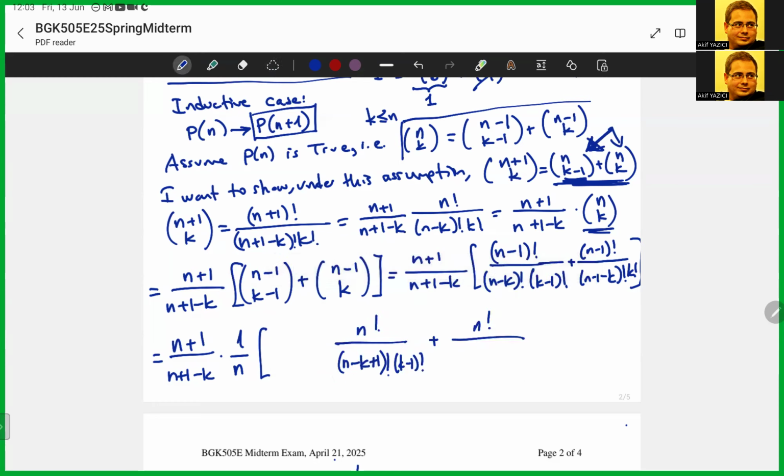Okay. And now here, this is n minus k plus 1 times this. And the one on the right, I want n minus k factorial here. And n minus k will be here because this is up to n minus 1 minus k. And I have the k factorial term here.